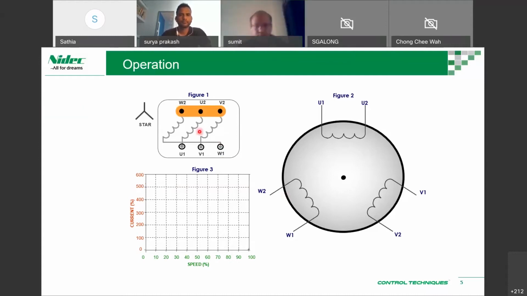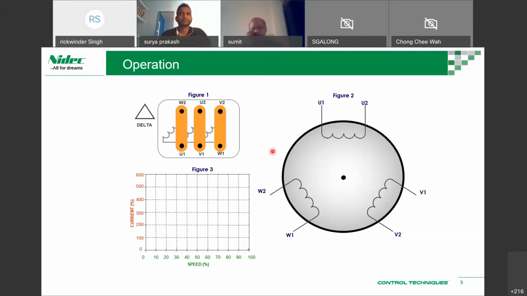So this is a star or Y configuration where W2, U2 and V2 are connected together, which forms a star. This is U1, V1, W1, and the center would be all the other points, which is U2, V2 and W2. Then we have the delta configuration where U1 is connected to here, W1 is connected to V2, and V1 is connected to U2.